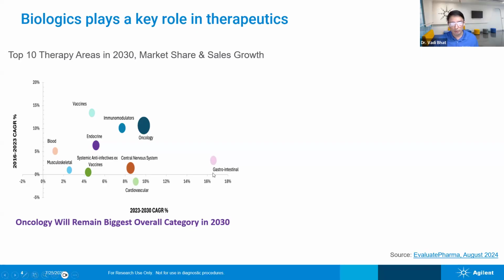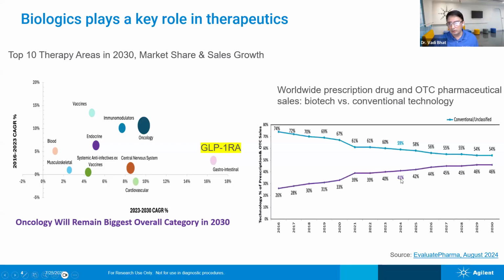That is essentially the GLP-1 related peptides. Because of that, it has the highest growth rate, even though oncology is still going to remain the largest category. Now, as I mentioned, biologics are going to catch up with small molecules. In the next few years they're going to be almost 50%. Right now it's about 58 to 42%, but it's going to be close in the coming years.